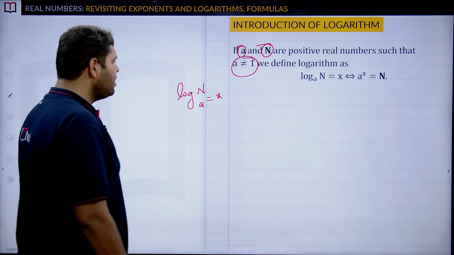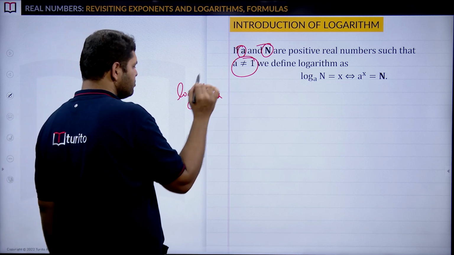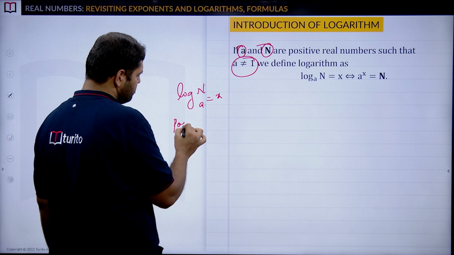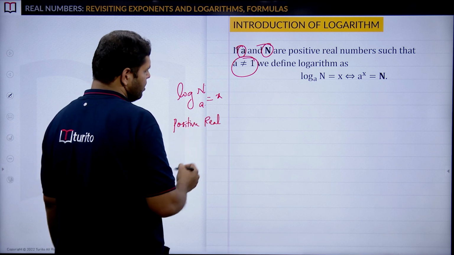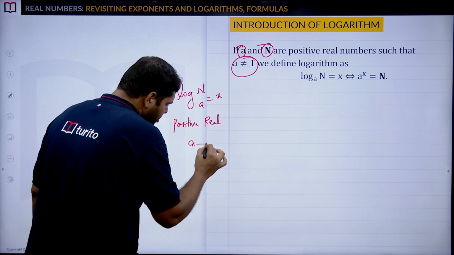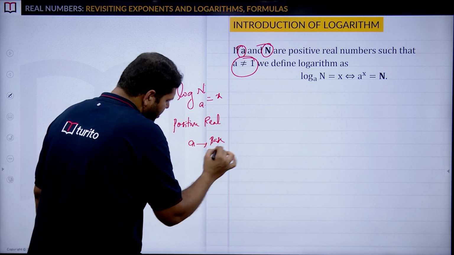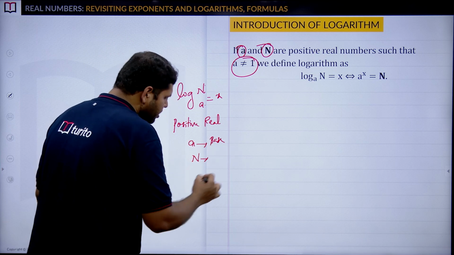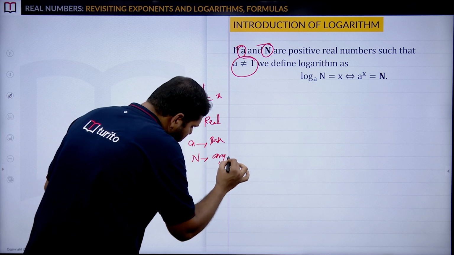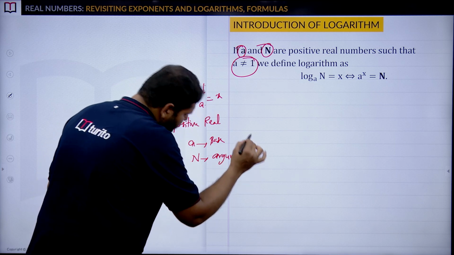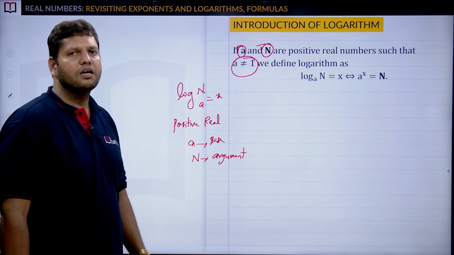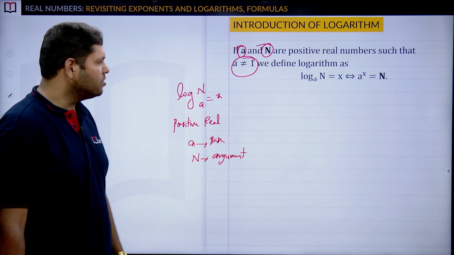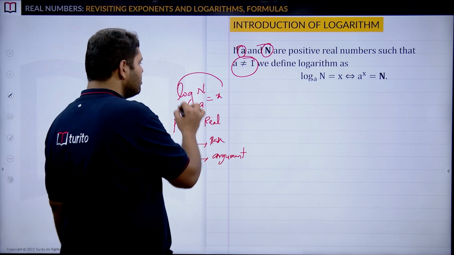Here n and a are positive real numbers. Here a is called the base, and n is called the argument. And the value of log n with base a is equal to x. So this representation is the logarithm representation.